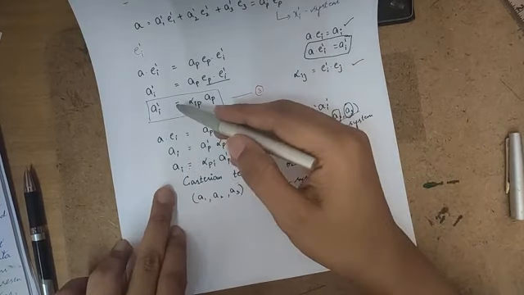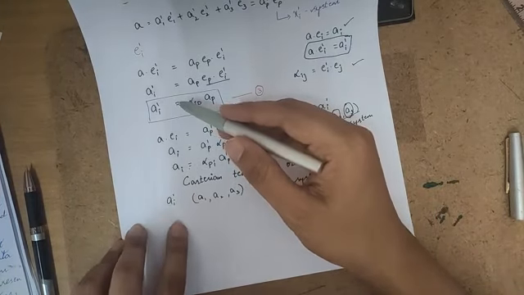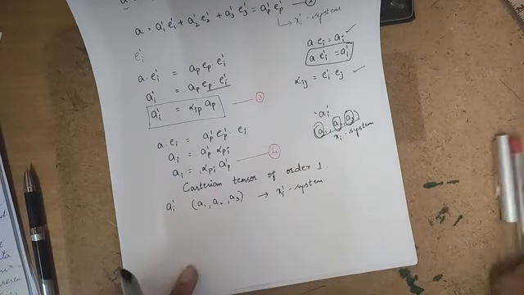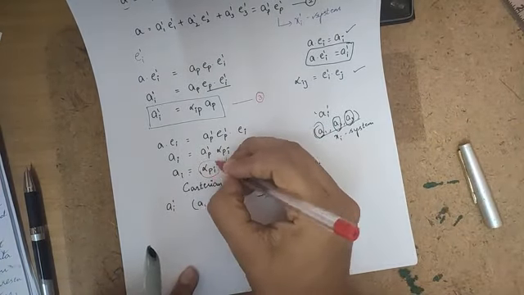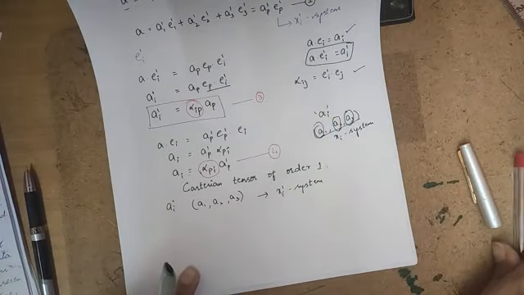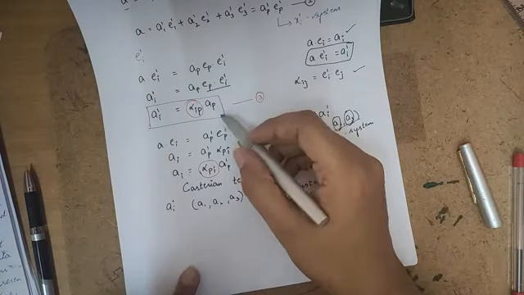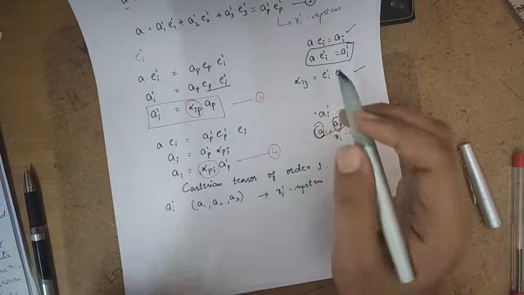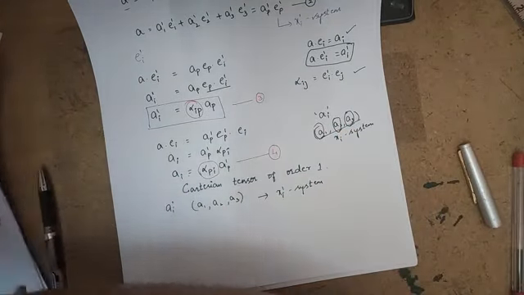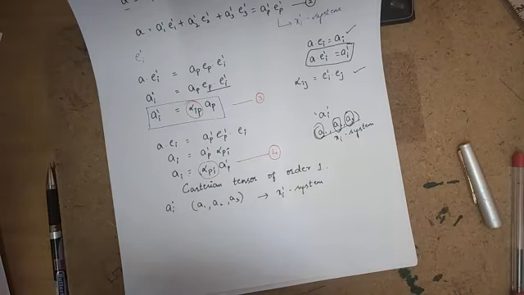Here Ai and Ai prime are components of a first order Cartesian tensor in xi and xi prime systems respectively. This is the definition for Cartesian tensor of order 1.